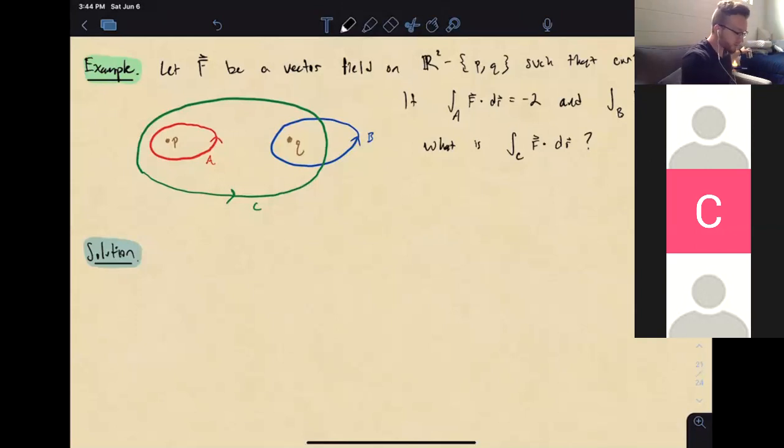So let's see, will it be 2? It's probably going to be 2. I think that's right. So what we've got to do is figure out how to do this.